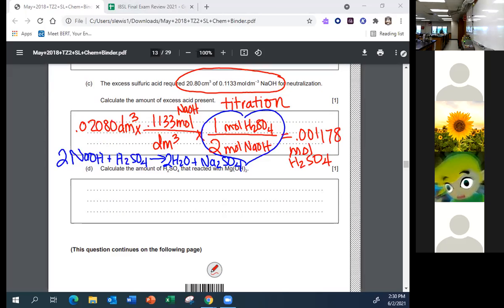Then in D, how much H2SO4 originally reacted with the magnesium hydroxide? You take your answer from part A. I originally had 0.00500 moles of H2SO4. At the end of all of this, I had excess H2SO4 present. How much reacted?